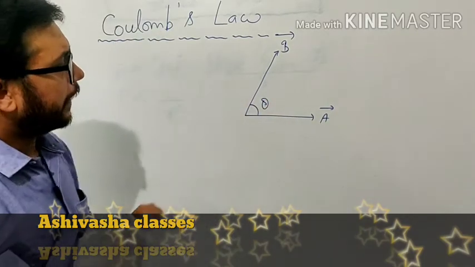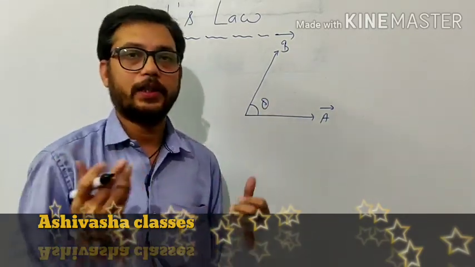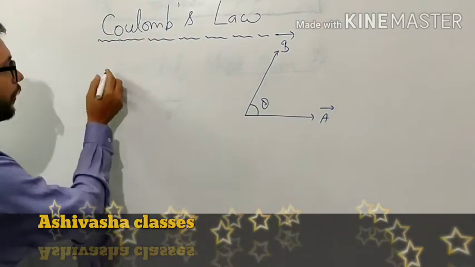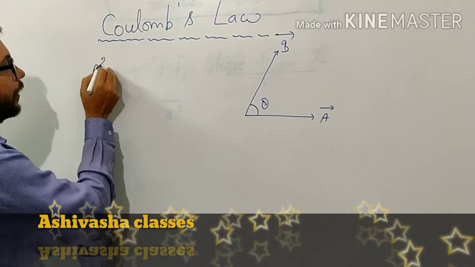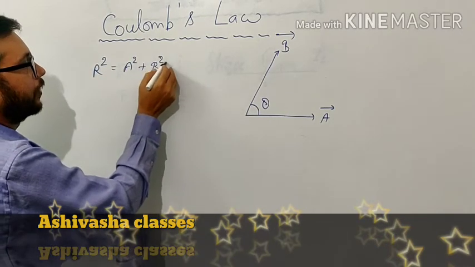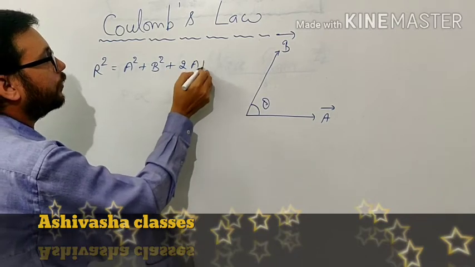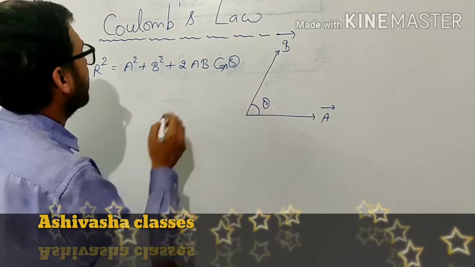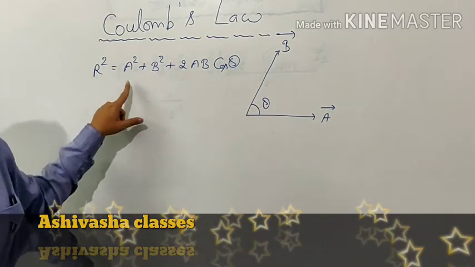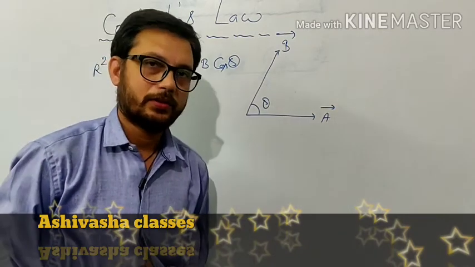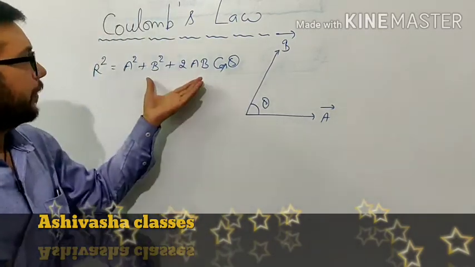So in this condition, if we have to find the resultant of the two vectors, then we have a simple formula: R square equal A square plus B square plus 2AB cos theta. So this is the basic formula.